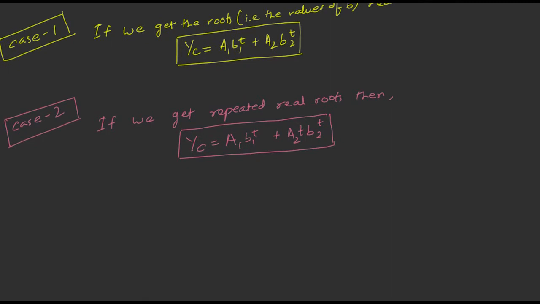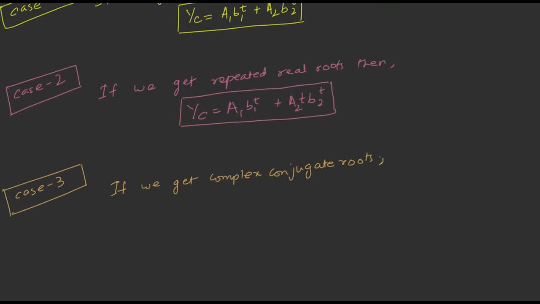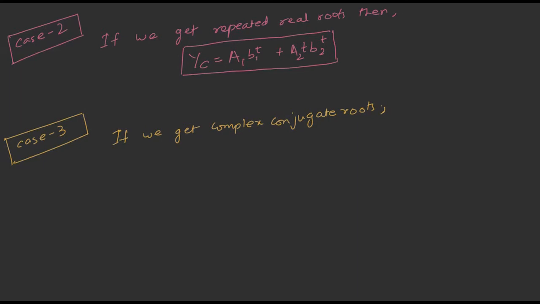And lastly, case 3: if we get complex conjugate roots, then yc equals, sorry, here it will be r to the power t, a1 cos t theta plus a2 sin t theta.